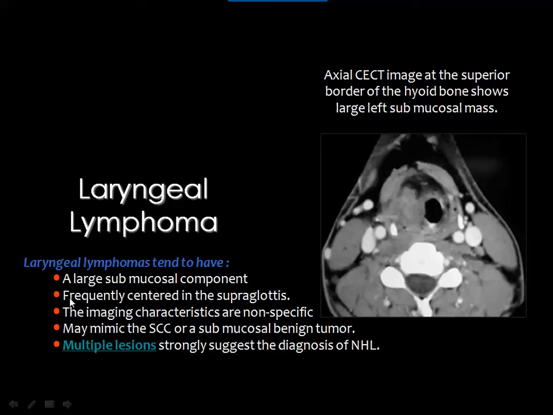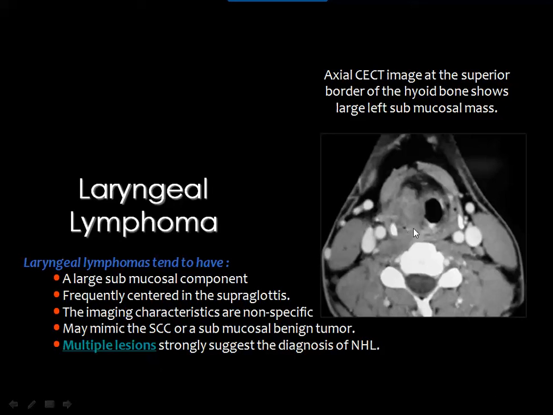And this tumor is usually seen in the supraglottic area. It has no specific imaging finding to differentiate it from the laryngeal carcinoma. But as I have mentioned, the presence of multiple lesions may suggest the possibility.